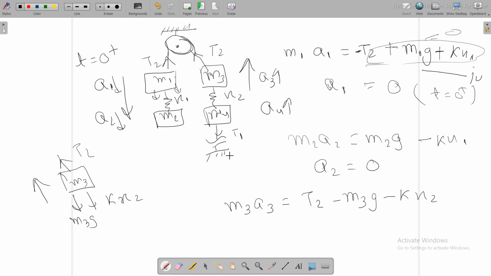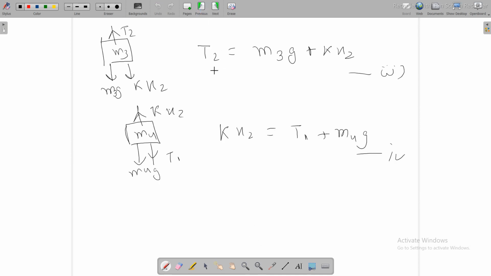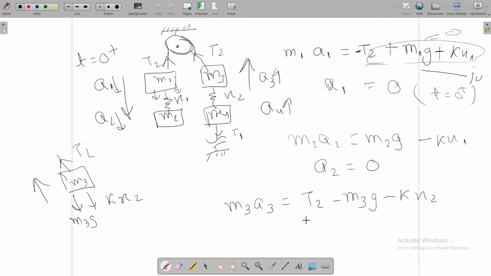If we see our previous condition, t2 minus m3g minus kx2 is equal to 0. Therefore, acceleration a3 is also equal to 0 at the instant t equal to 0 plus.